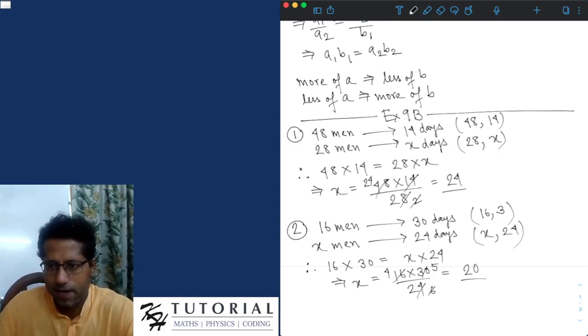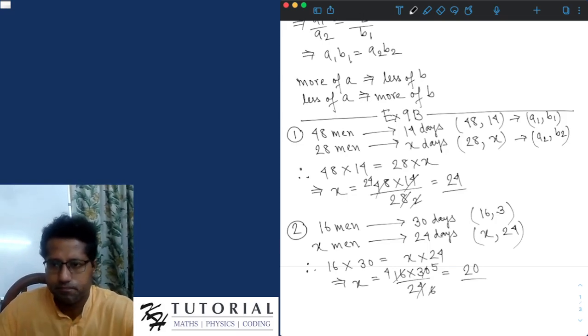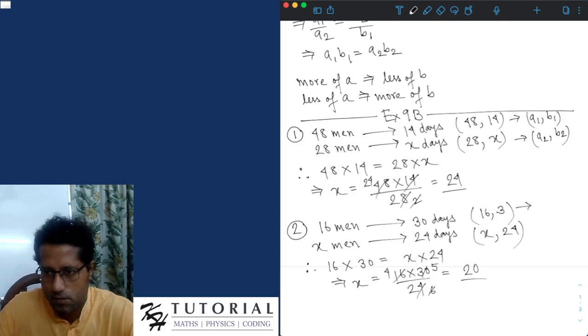Now the two values in this bracket, I mean that this is A1, B1 and this is A2, B2. So A1 is a value of the quantity A and its corresponding value of the quantity B is B1. Similarly, just for your understanding, I am writing this A1, B1 and this is A2, B2, and we know that A1 B1 will be equal to A2 B2.